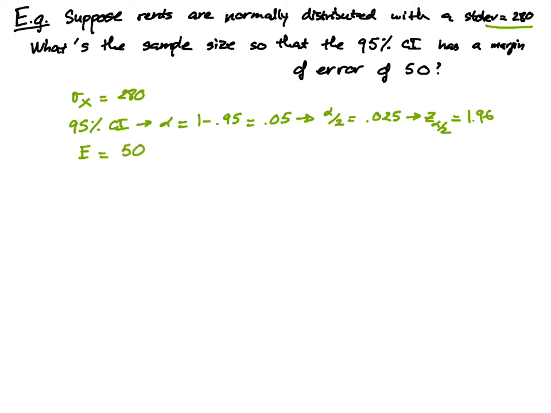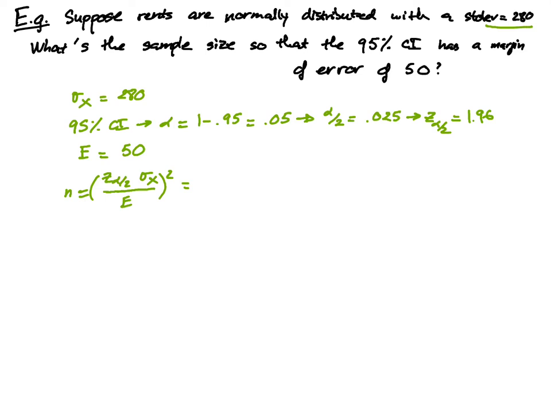So now all we need to do is to apply the formula. We know that n must be equal to z sub alpha over 2 times sigma x divided by e, all squared.